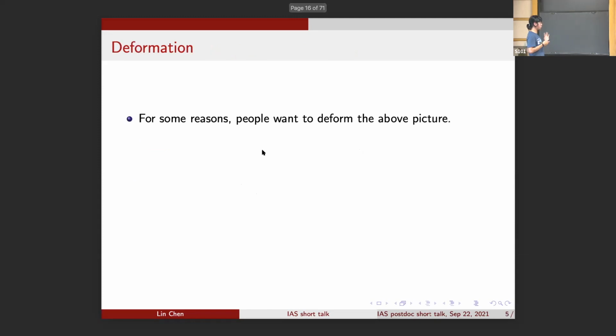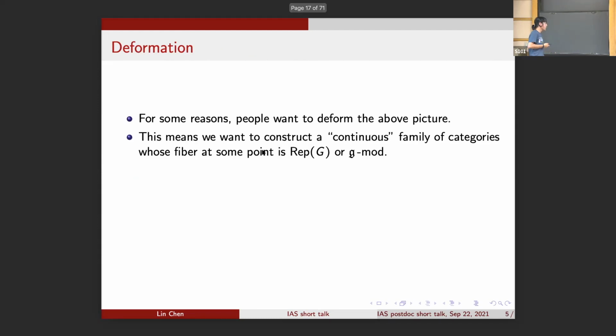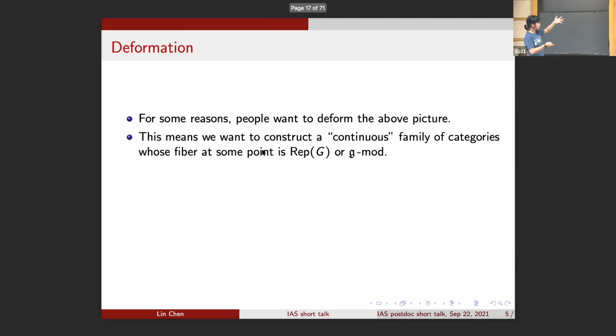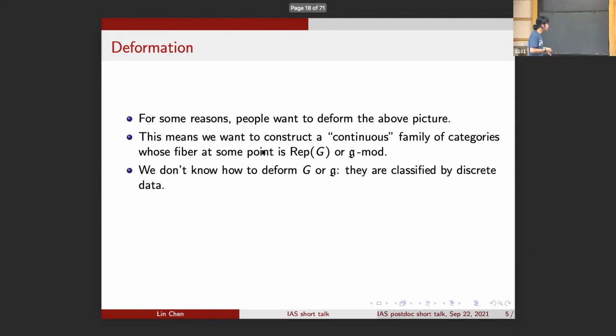Instead, I want to tell you a story about deformations of the above picture. I will explain why people want to deform this data, but for now let's look into deformations. A deformation of the previous category is a continuous family of categories whose fiber at some point is the category of representations of G or g-mod, but the fibers at other points are different.